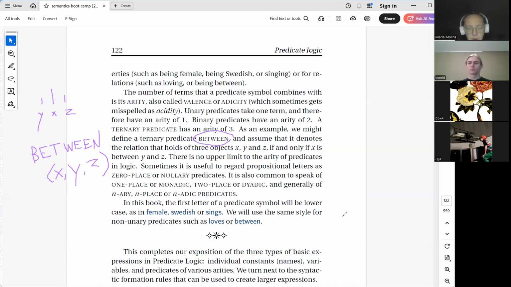The quantity of terms that a predicate takes. Right. Are we good here? So far, so good.